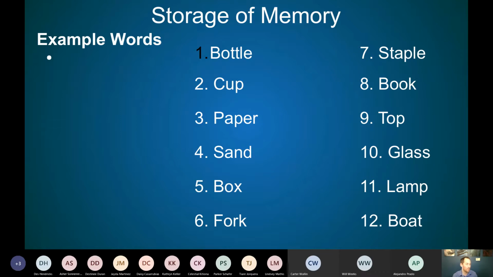All right, so hopefully you kind of understand now and you've had a little bit of practice on associating these random words with some location.